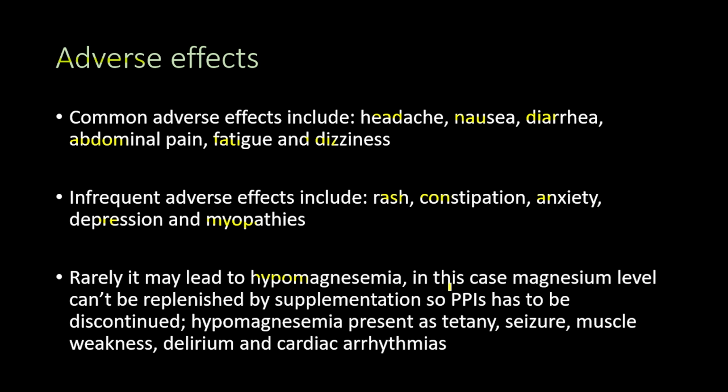In this case, when the patient is taking a proton pump inhibitor with hypomagnesemia, the magnesium level cannot be replenished by supplementation, so the proton pump inhibitor has to be discontinued so the magnesium level goes back to normal. Now the hypomagnesemia presents as tetany, seizures, muscle weakness, delirium, and cardiac arrhythmias.